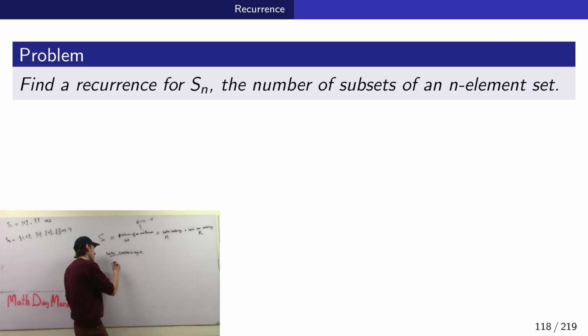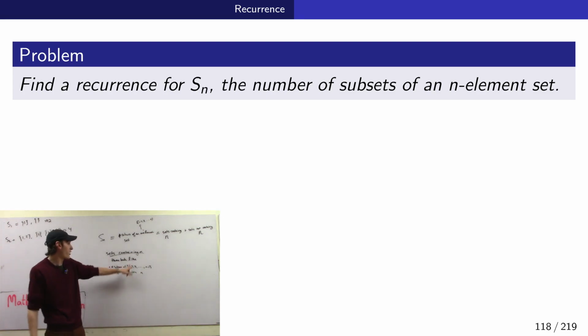These look like a subset of 1, 2, 3, all the way up to n minus 1, together with n, right?